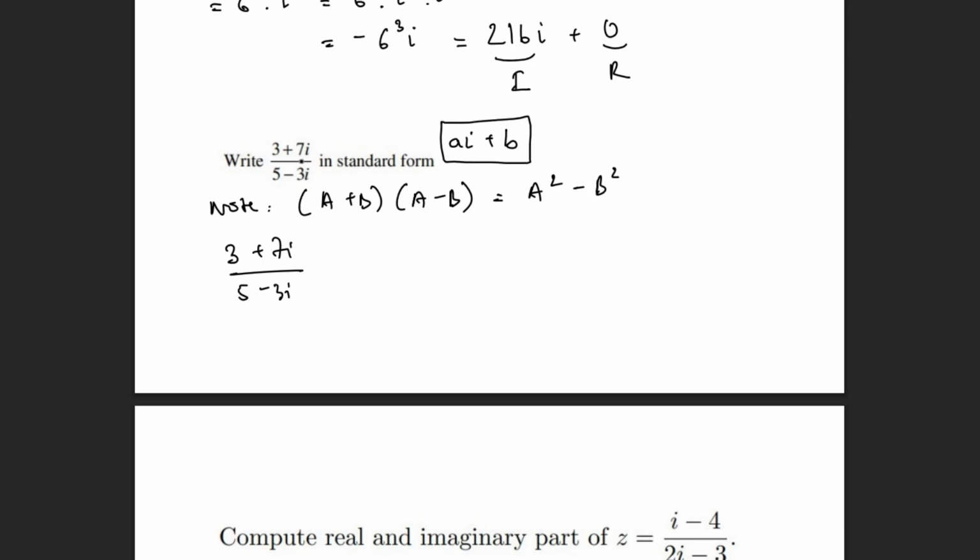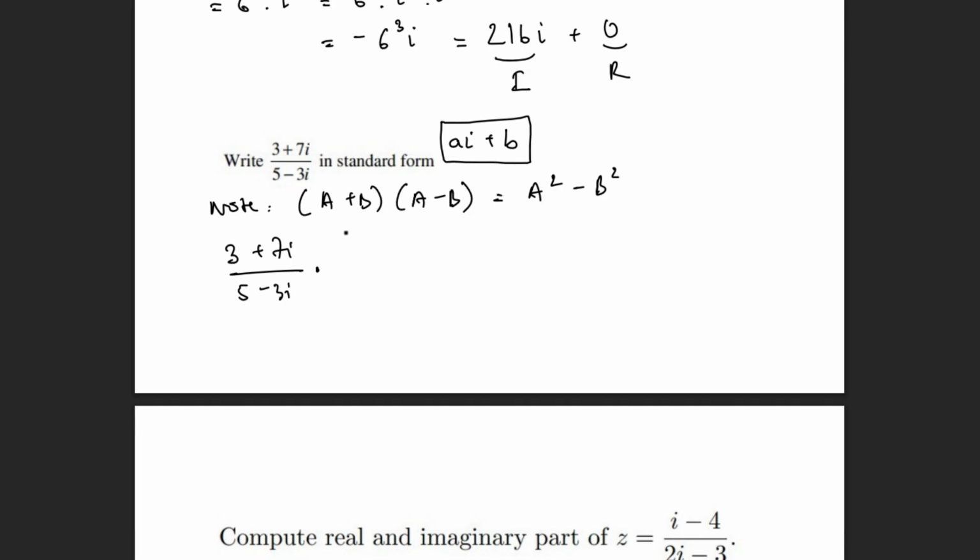So this is a fraction. The denominator is 5 - 3i. We have to eliminate i at the bottom by multiplying the top and the bottom with the conjugate of the denominator.